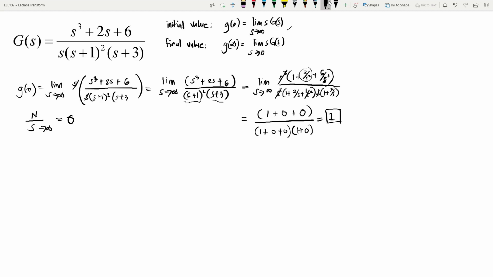Now for our final value, we have g of infinity equivalent to the limit of s times G of s as s approaches 0. We have s times s cubed plus 2s plus 6 over s times s plus 1 squared times s plus 3.